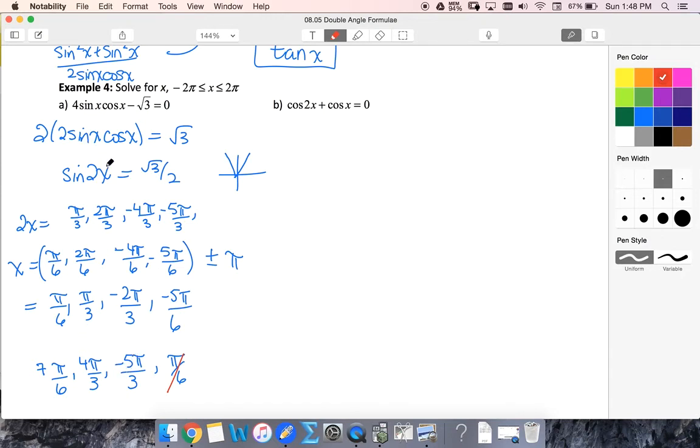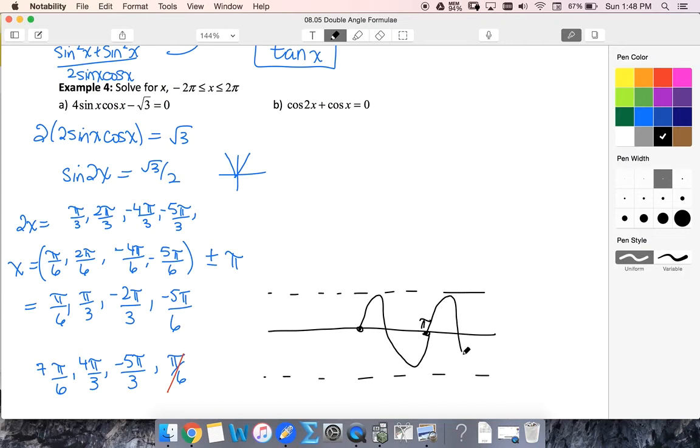So let's just think about sine 2x and how many answers I should have from negative 2 pi to 2 pi. So sine 2x, because I feel like maybe I'm missing one. And we're going to go, so one full period is going to be pi. That is not at all symmetric. There's pi. There's 2 pi.